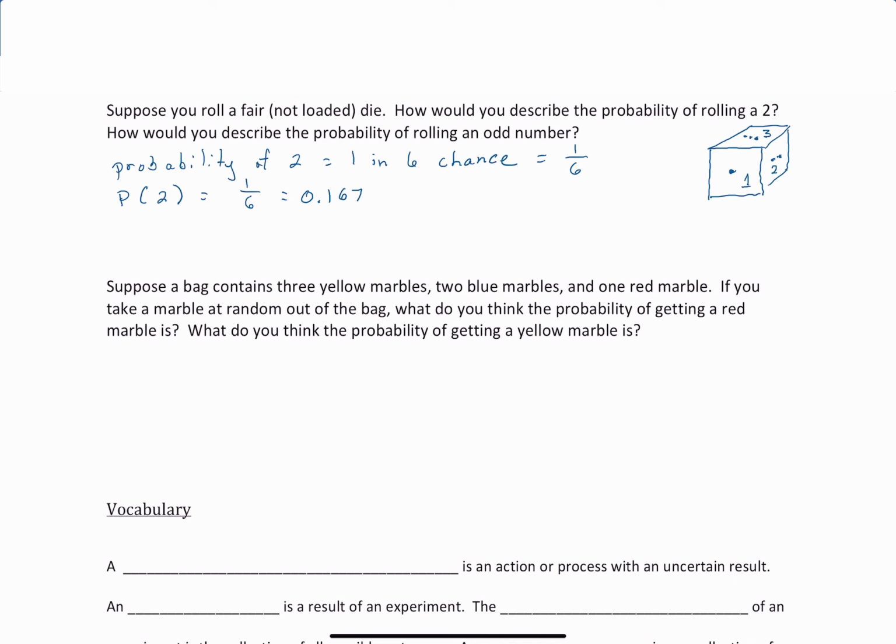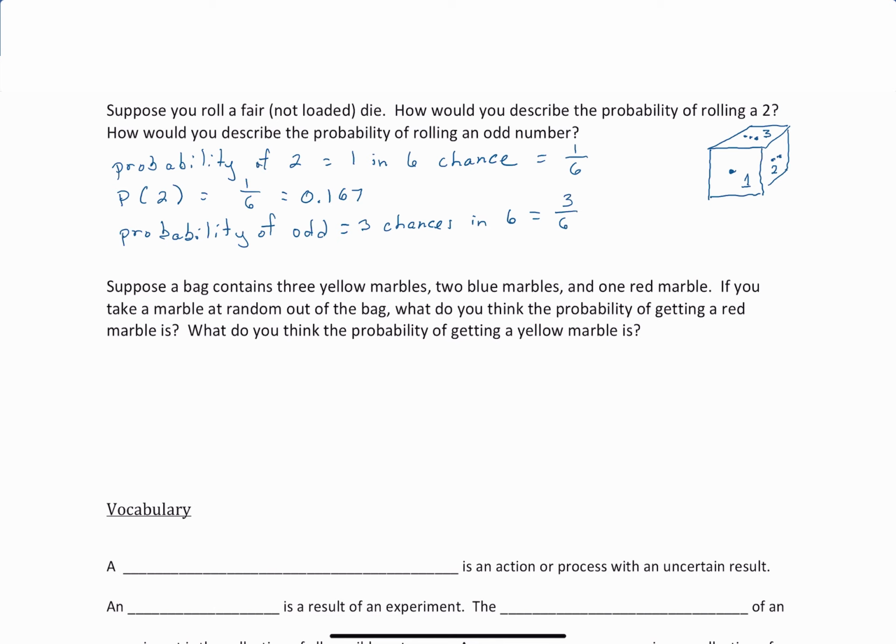How would you describe the probability of rolling an odd number? There are 3 sides that have odd numbers on them, 1, 3, and 5. So one way we would describe that in words is 3 chances in 6. In other words, 3/6 chance.